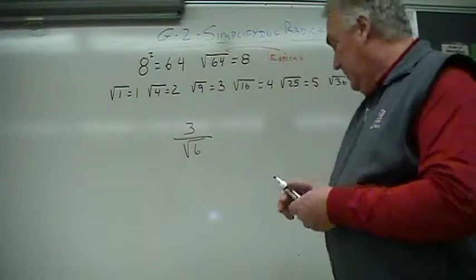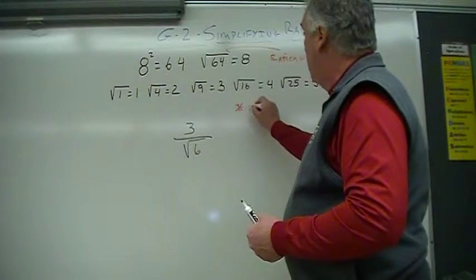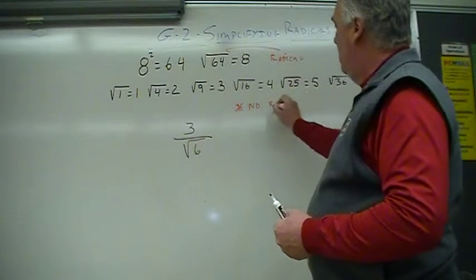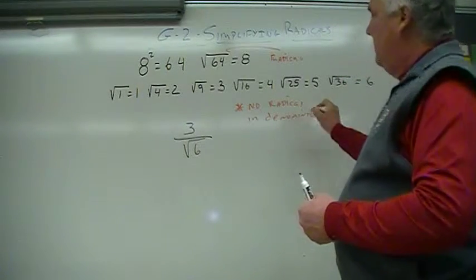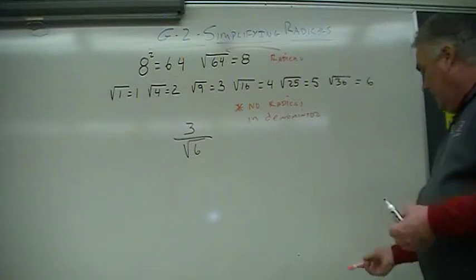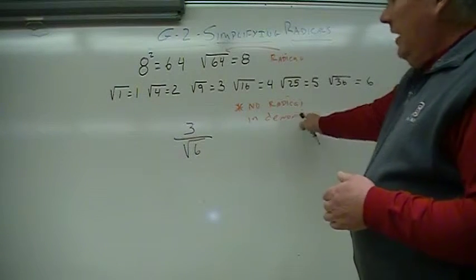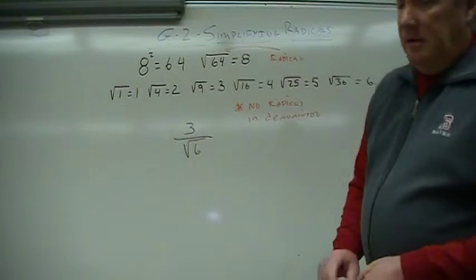The rule is no radical in the denominator. If you need to pause and write that down, write it down. It'll be on your note sheet where to write it. You can't have a radical in the denominator.